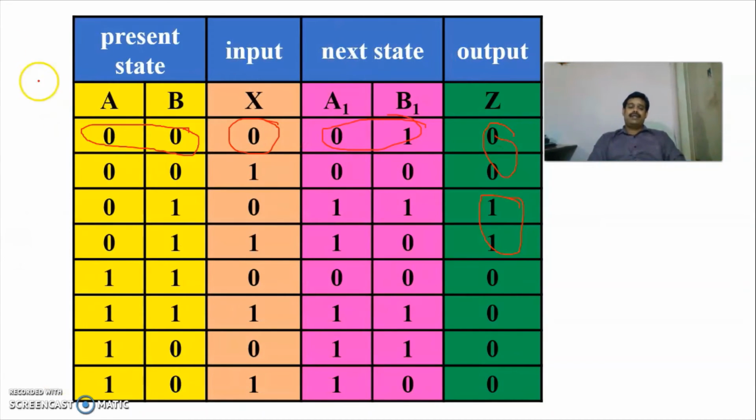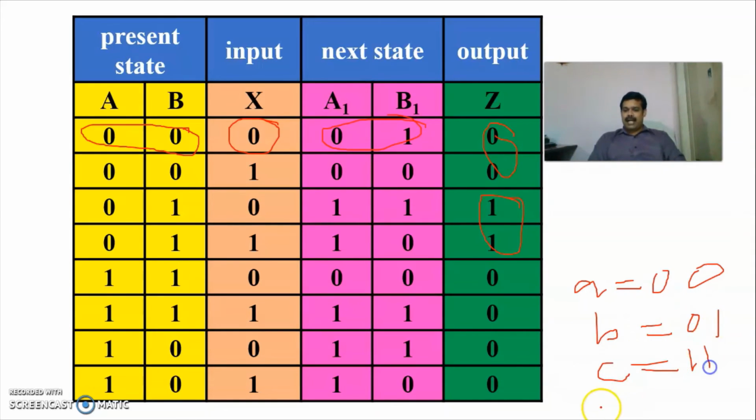Next, we will be converting this transition table into the state table. For that, we will take A equal to 0, 0, then B is equal to 0, 1, C is equal to 1, 1, and D is equal to 1, 0. So instead of these binary values, we will be giving alphabets.